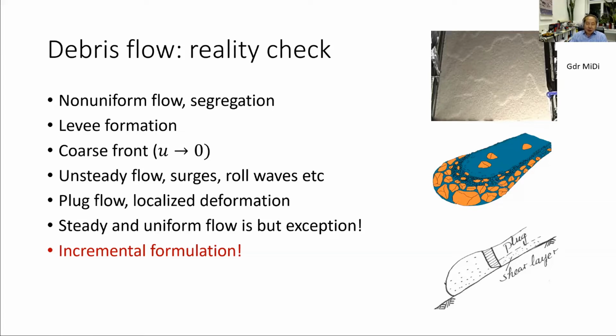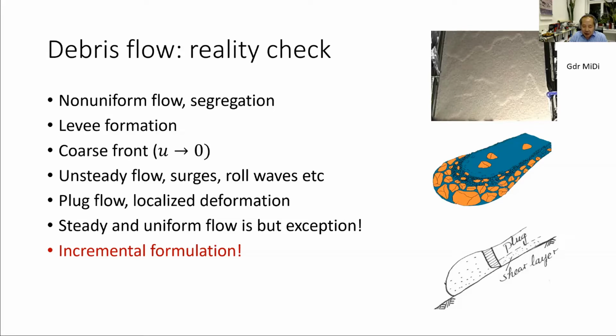And sometimes, in particular when the depth is a little bit higher, we observe a kind of plug flow. We call it localized deformation, because the deformation is localized near the bed, close to the bed, whereas the major part of the debris flow just rides on it, which gives rise to such a velocity profile, which is very well known.